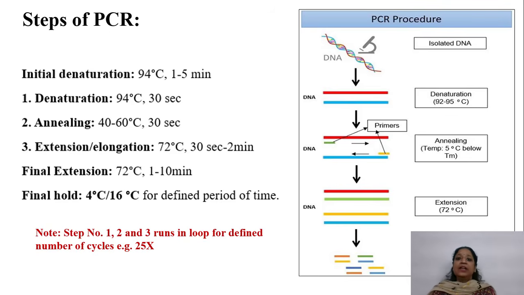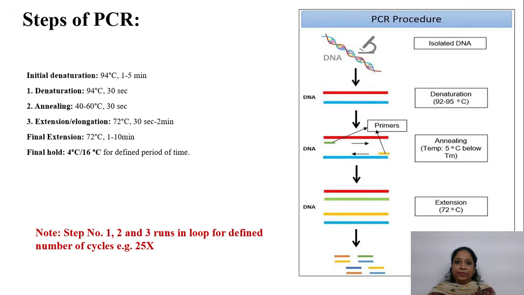In annealing, the short pieces of DNA called primers bind to their complementary sequence on the target DNA. Primers are like guides that tell the polymerase where to start copying. And finally, during extension, the new DNA strands are synthesized by adding nucleotides to the primer using a thermostable DNA polymerase enzyme.